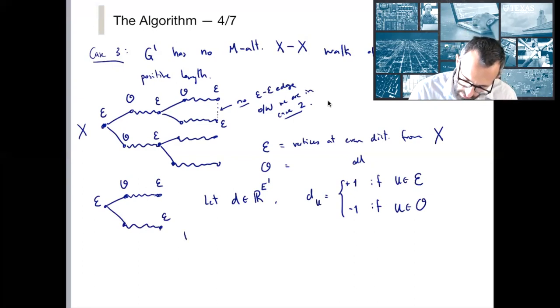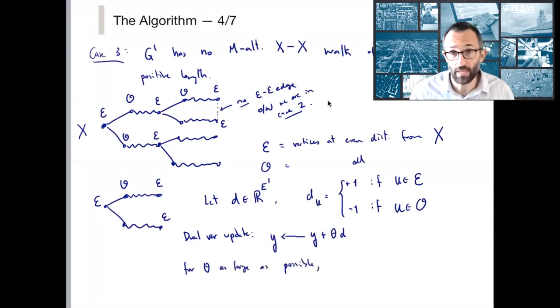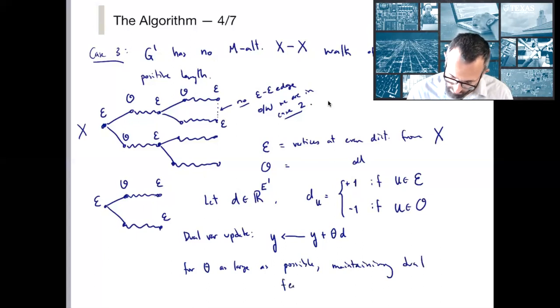So now I update my dual variable. Y gets updated by y plus theta times d for the largest possible theta. For theta as large as possible, but of course maintaining always dual feasibility.